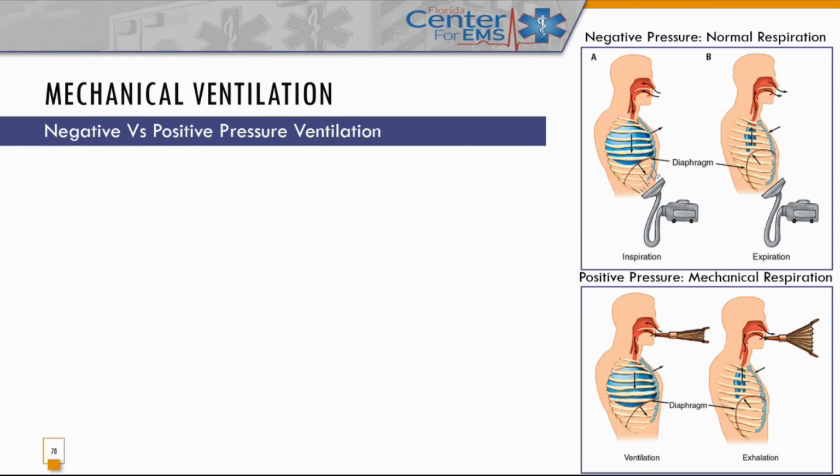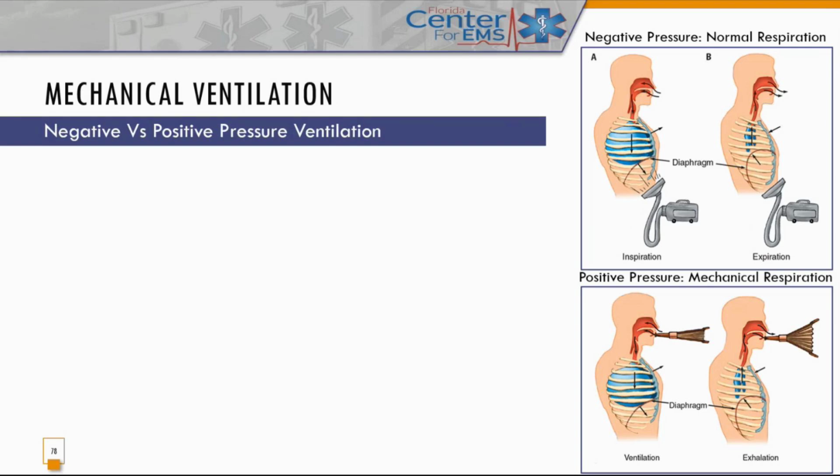Negative and positive pressure ventilation. Everybody on the planet that's healthy breathes by negative pressure. You create a vacuum. Your diaphragm contracts, it goes flat. The pressure gradient from outside your body to inside your body, air goes in. This is a manual function that we do.